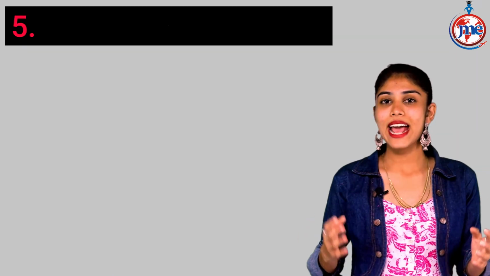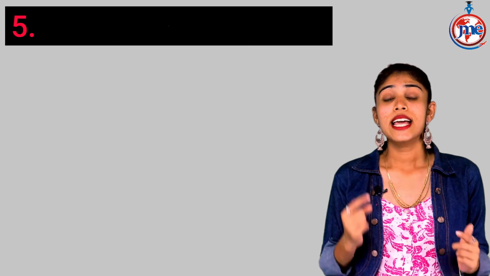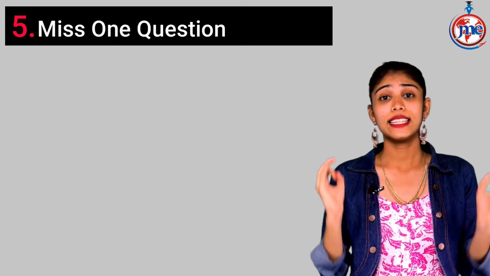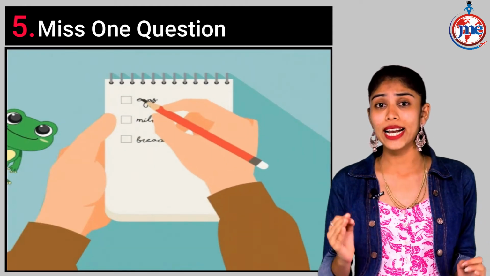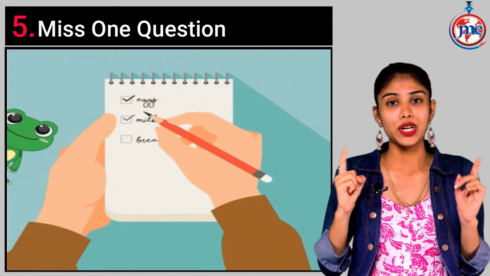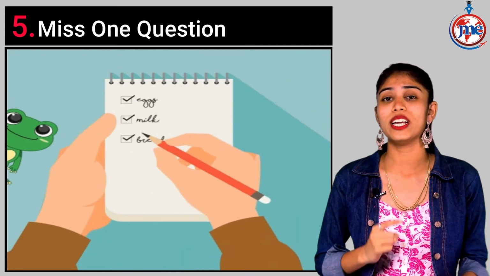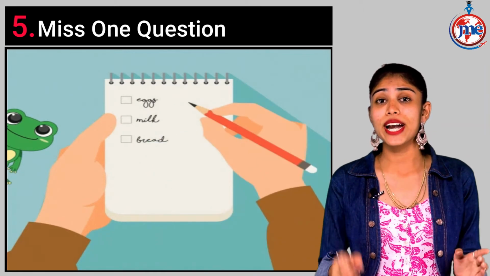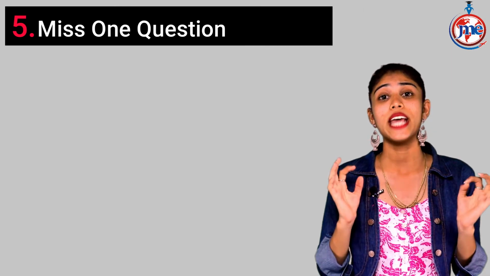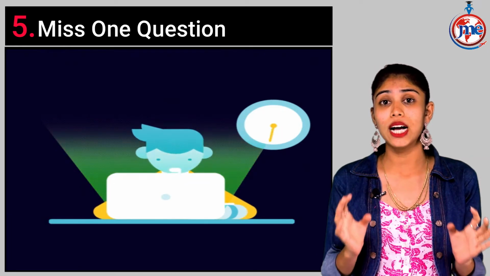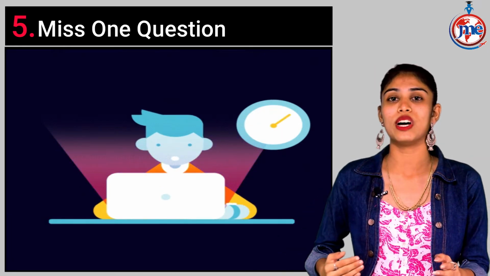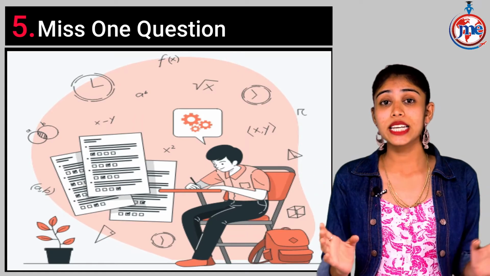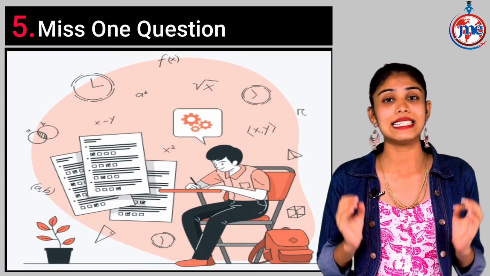Let's see the next one. Now students, if you miss one question in your IELTS listening task, then just move quickly to the question given below. Don't concentrate on the question which you have lost, because if you only concentrate on that question, then definitely you will not be able to answer the next question, and it is quite difficult to maintain a continuous pace in your IELTS listening task.